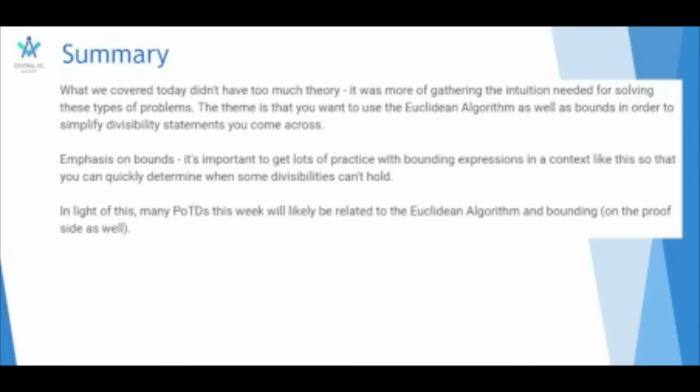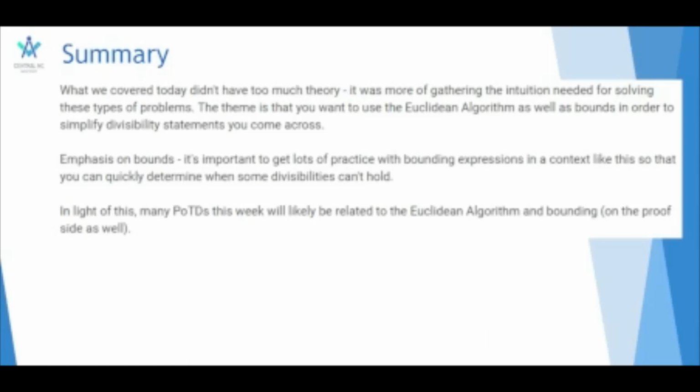So, in light of that, many of the problems of the day this week in the CNCM main server will likely be related to the Euclidean algorithm and bounding. You might also see a couple of functional equations thrown in there, pretty similar to the one we just covered. Most of these will be on the proof side. Maybe it'll be a proof question, but computational answer extraction.